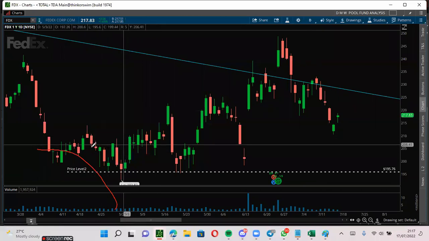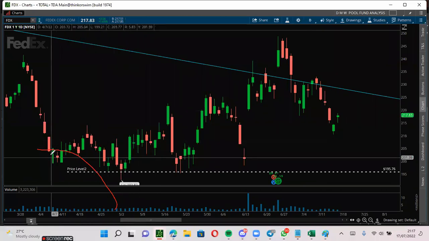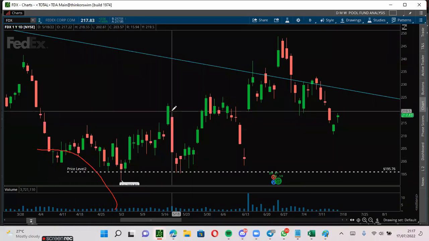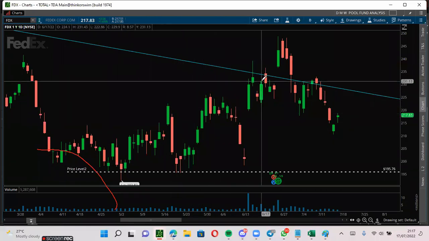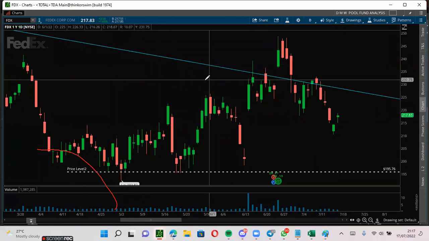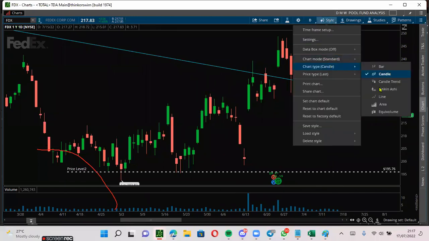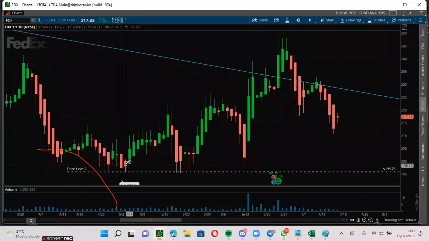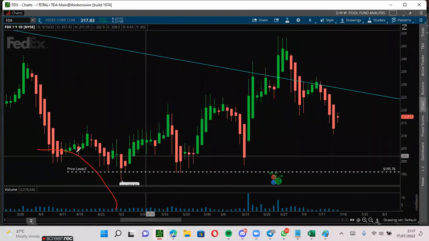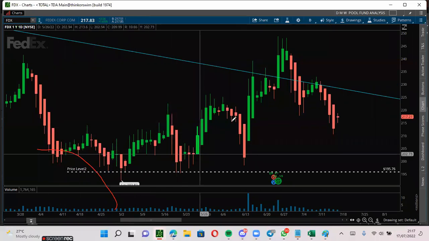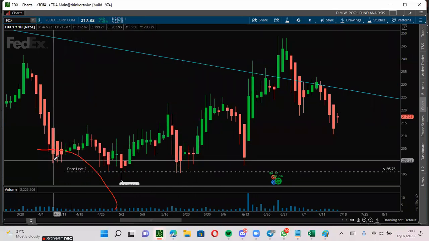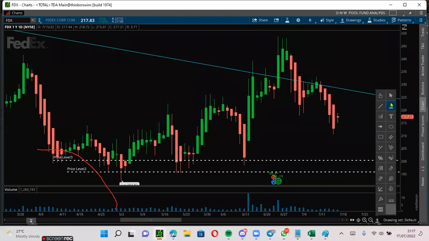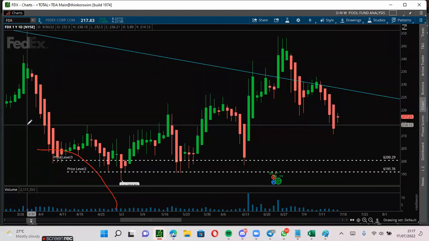It may not be symmetrical, but it comes back down and finds a support, comes back down, finds a support, again and again. That's what is expected.